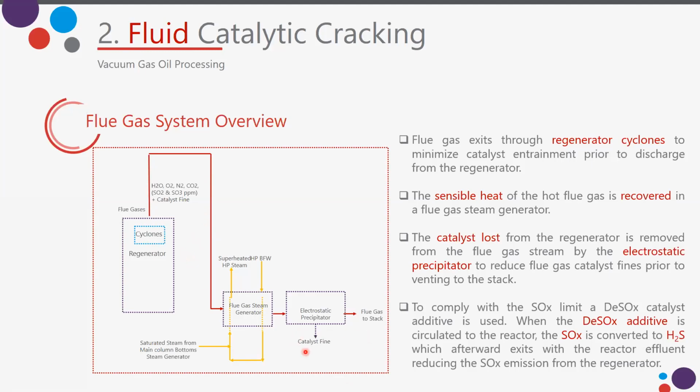I don't know if you will use it here, but I suppose we could use it again, and we could mix it with the fresh catalyst to the regenerator. But I don't know how much catalyst you will recover here, if it's valuable to inject again in the system.